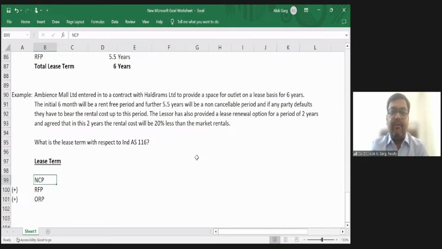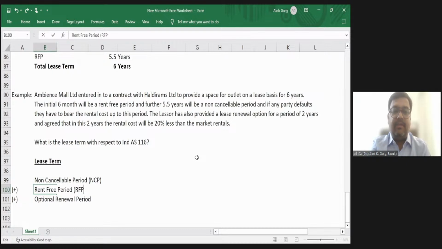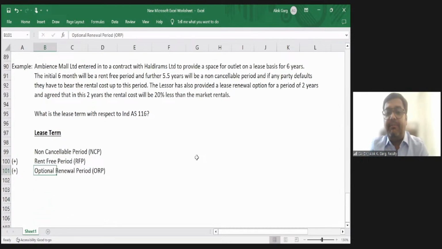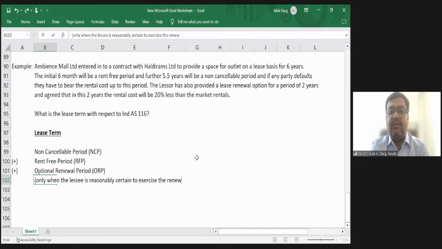You take this optional renewal period only when the lessee is reasonably certain to exercise the renewal option.